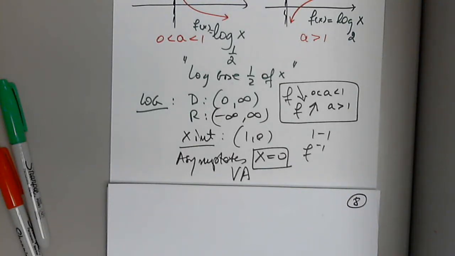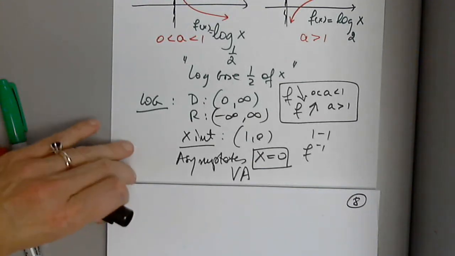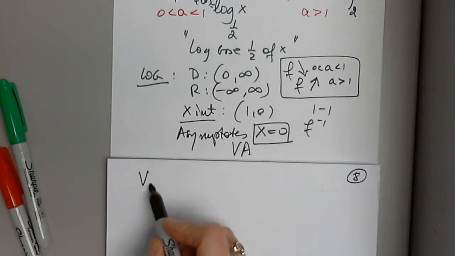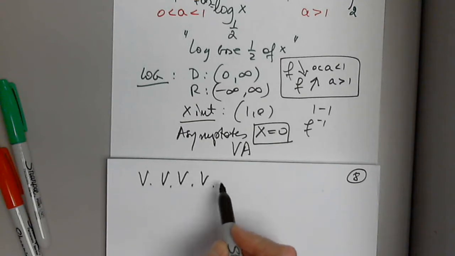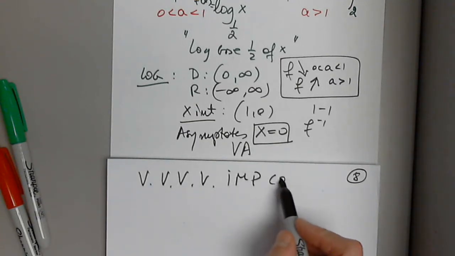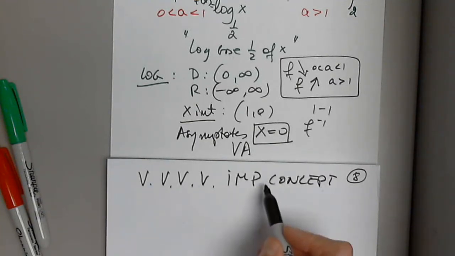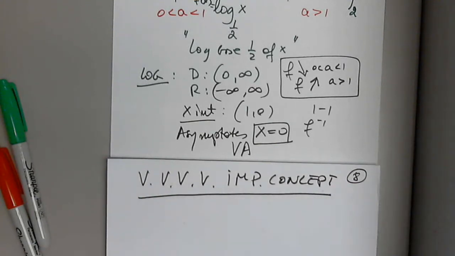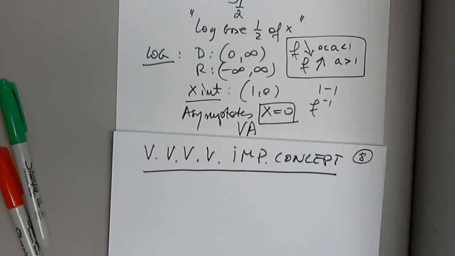Before I show you how this works, we have to go through and discuss the most very important concept. I would consider the most important concept in this section, in this chapter actually, in chapter 4.